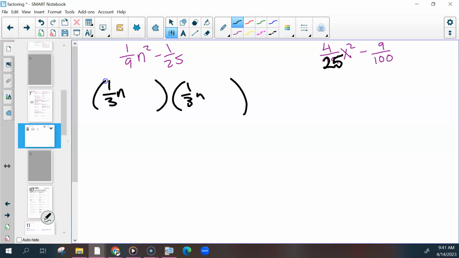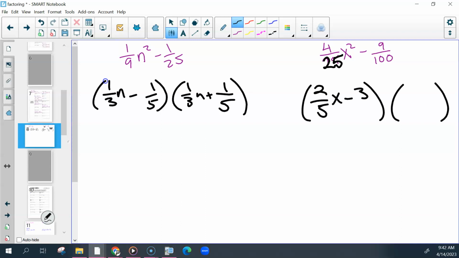And then we figured out the 1 already. And what times what will give us 25? So it looks complex, but if you know how to work it, it's really the same. There's just more process to it. So tell me what these two factors will be. And 2/5 x plus 3/5. So as long as you can do that, you can do the most complicated difference of squares possible.